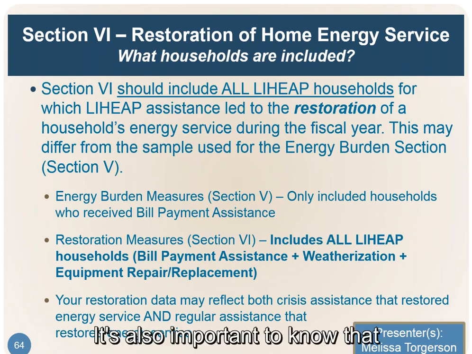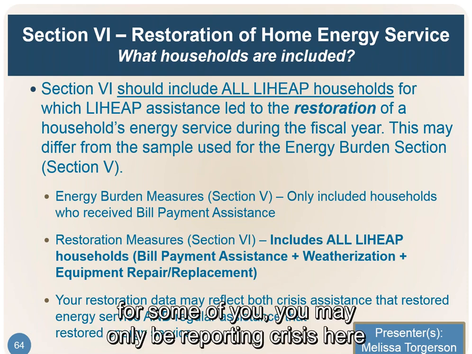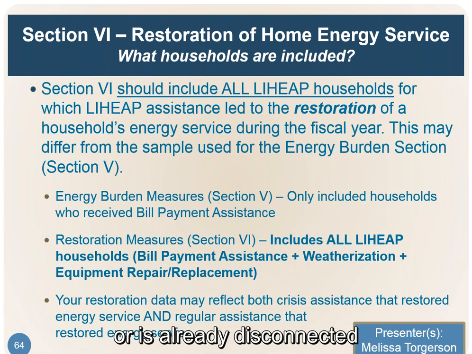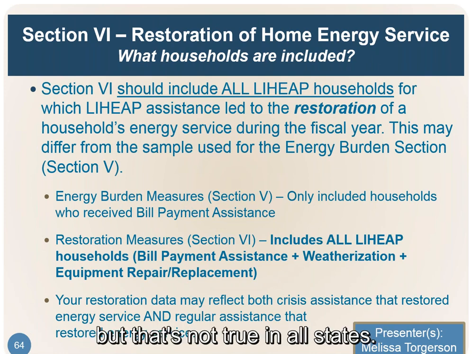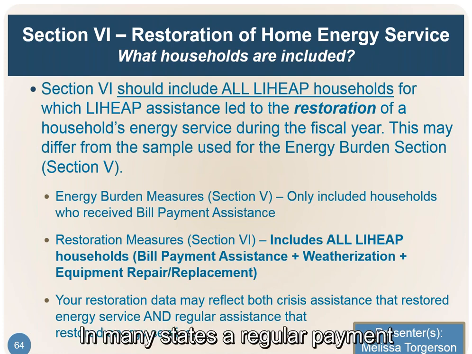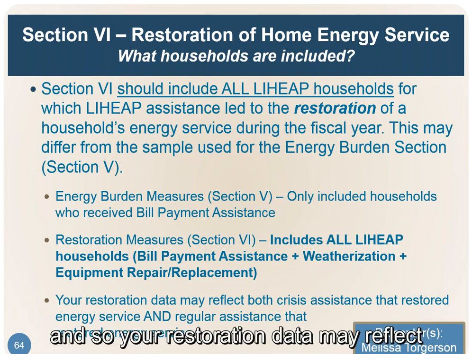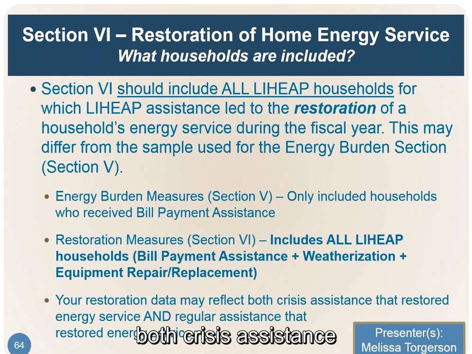It's also important to know that some of you may only be reporting crisis here, because anyone who has a disconnect notice or is already disconnected automatically gets a crisis benefit, but that's not true in all states. In many states, a regular payment can be used to mitigate a crisis. So your restoration data may reflect both crisis assistance and regular assistance, and it's important to keep that in mind.